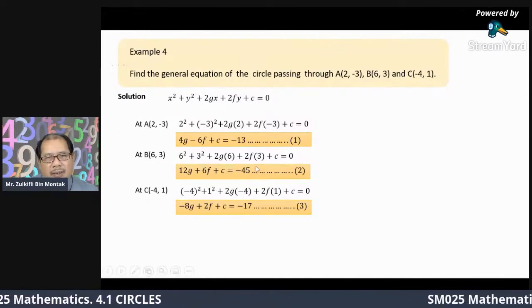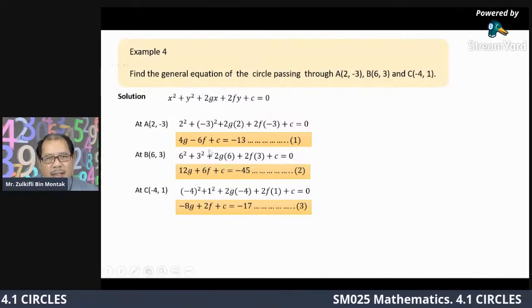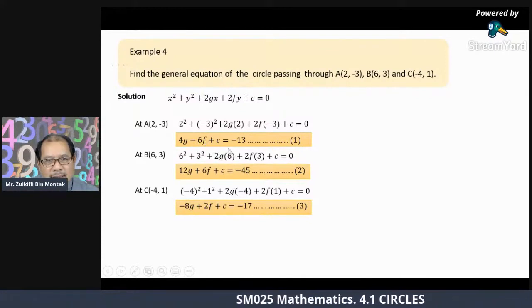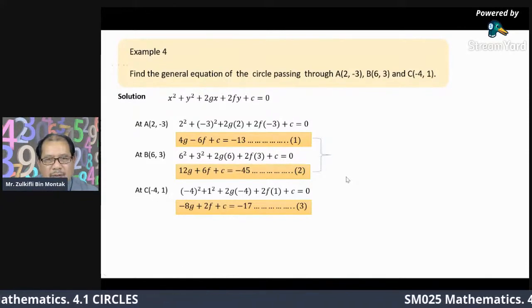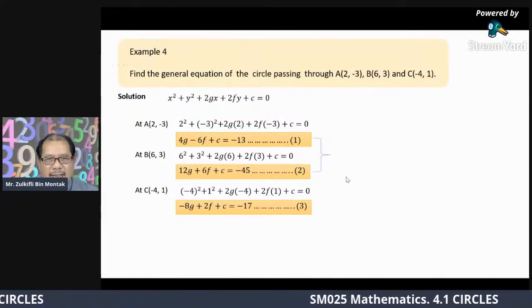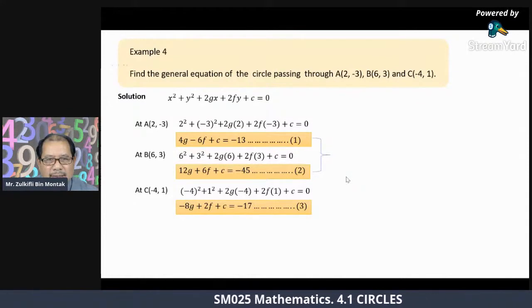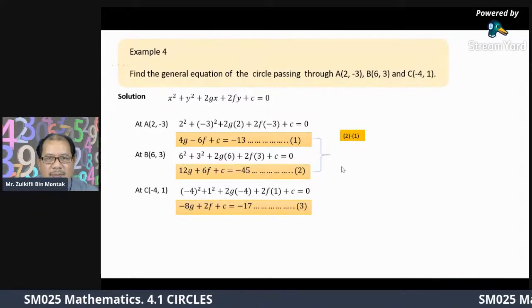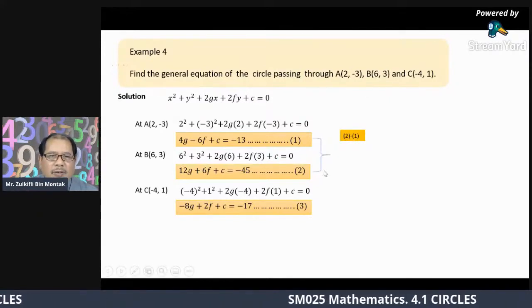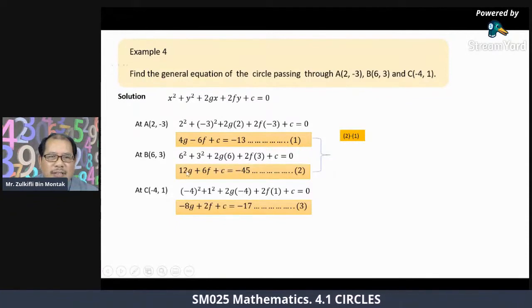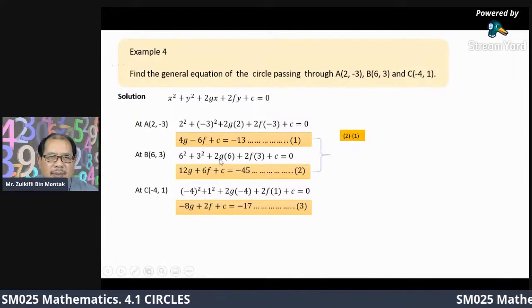Okay, now I want to eliminate the constant c here. I use the first equation and the second equation simultaneously in order to eliminate c. How to eliminate c? I just take equation number 2 and subtract equation number 1. Because the coefficient for c is 1 and 1, when you subtract, the c is eliminated.